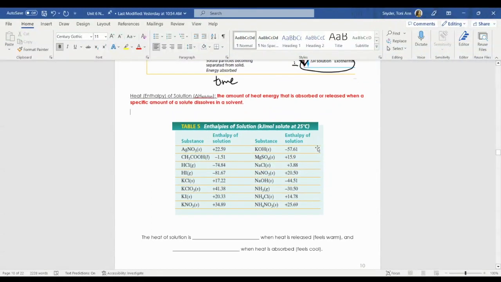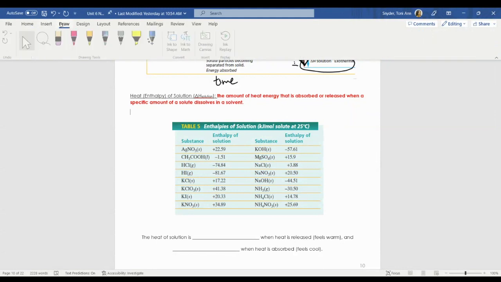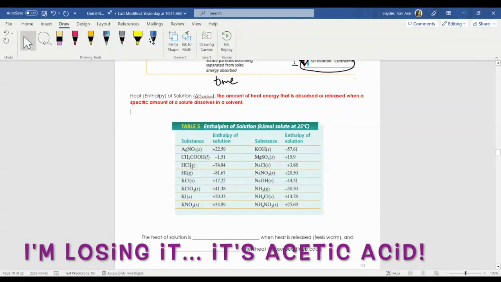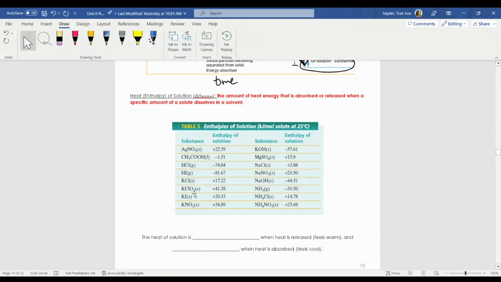And here are some values of heats of solution, okay, for a whole bunch of different types of solutes. So I have silver nitrate right here. I have, I don't know what that is, ethanoic acid. I don't remember. Potassium chloride, potassium chlorate. I have sodium hydroxide, and we'll see these values that are here.